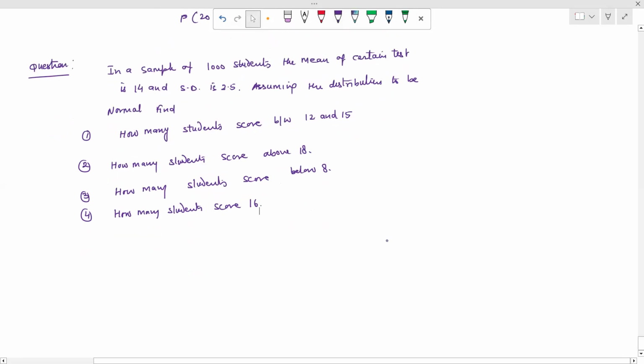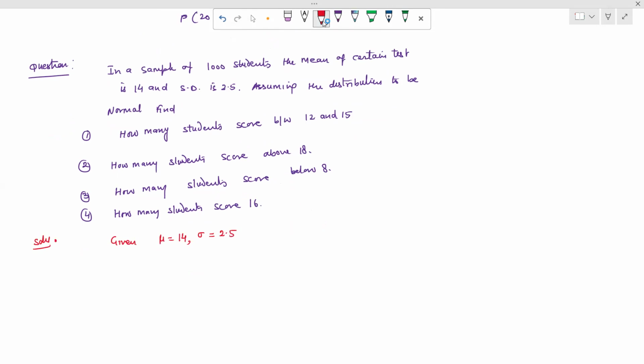So the problem which is given is for random variable x. So for solving this problem, we convert it into the standard score z. So now we write down this as given mean mu is equal to 14, and standard deviation is 2.5.